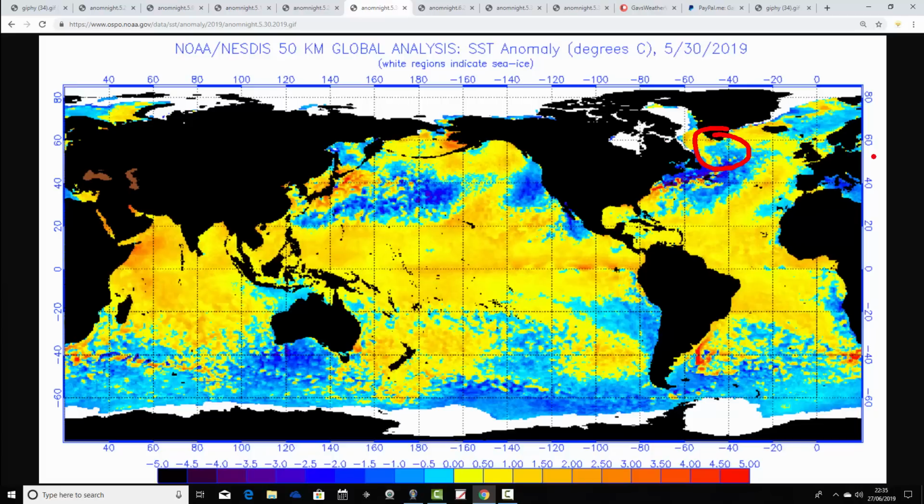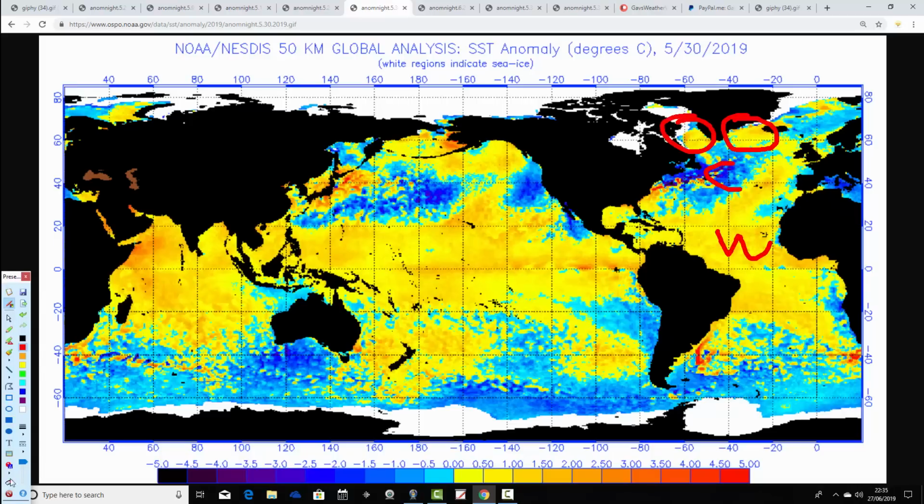Obviously the progression is to warm the sea surface temperature anomalies up here to the south of Greenland. So whilst it is still a little bit colder than average, you see how those cold average sea surface temperature anomalies are shrinking. It's warming up around there. It's colder just there.